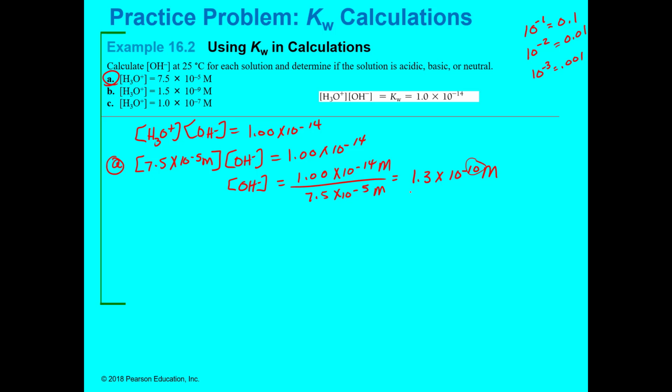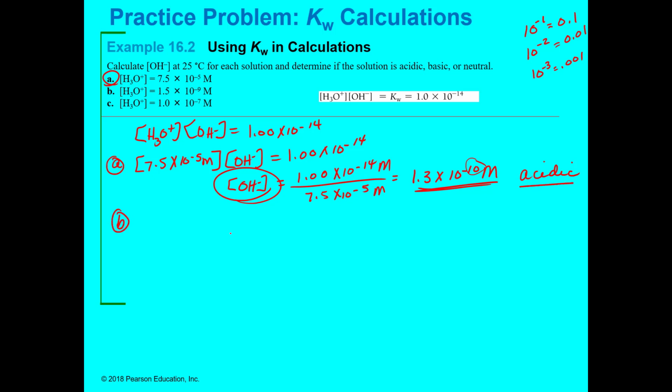So this is small, because it's lower than 10 to the minus 7. So this one would be acidic, because I'm looking at the hydroxide, and the hydroxide concentration is less than 1 times 10 to the minus 7, so it's acidic.